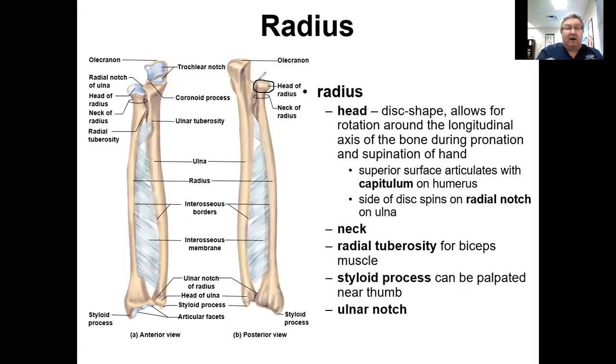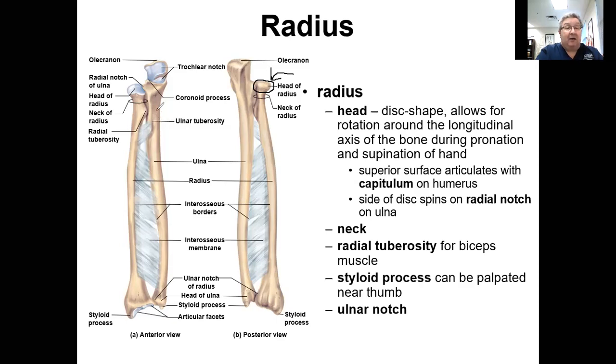All right, that allows for movement when it articulates with the capitulum. Remember, the capitulum on the humerus articulates with the radius, and specifically the head of the radius. So for the radius bone, you need to know the head of the radius.